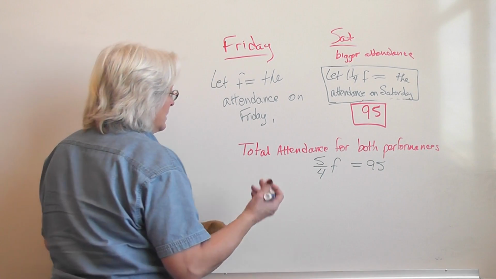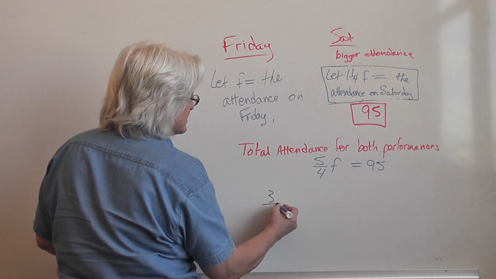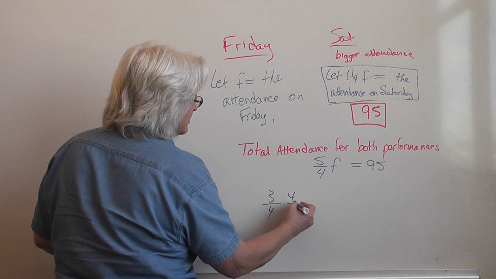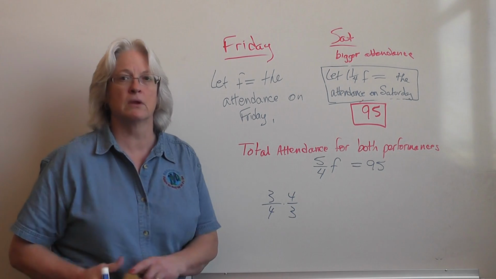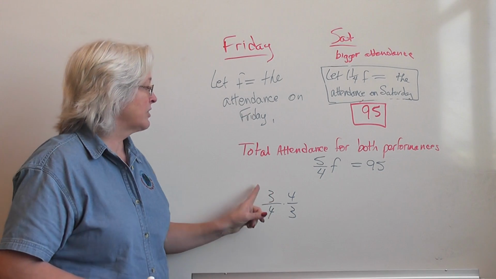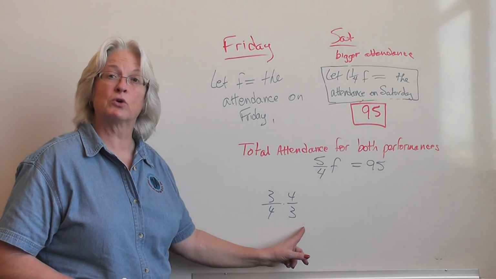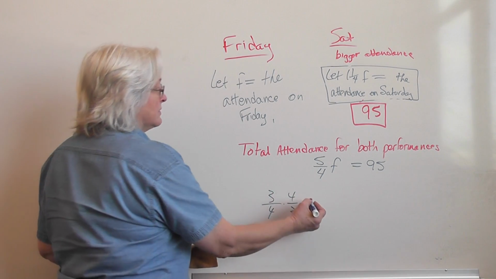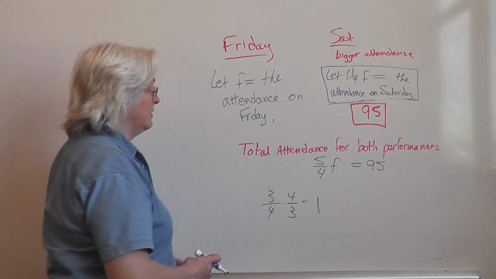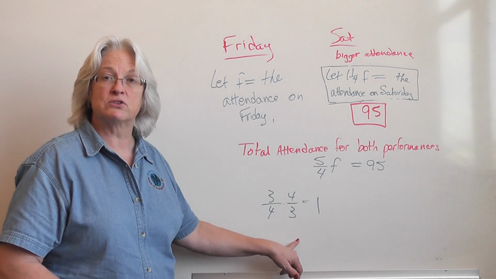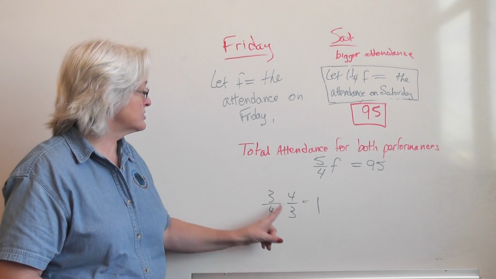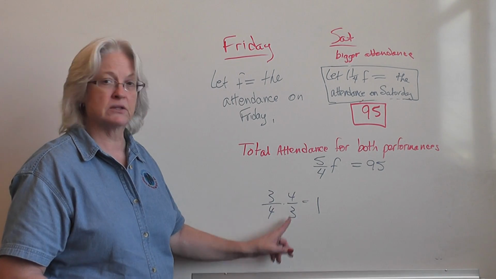In layman's terms, reciprocals are when you take one fraction and turn it on its head, set it upside down. 3/4 times the reciprocal of 4/3 is always going to be equal to 1. Any number multiplied by its reciprocal is always 1 because your common factors cancel out.